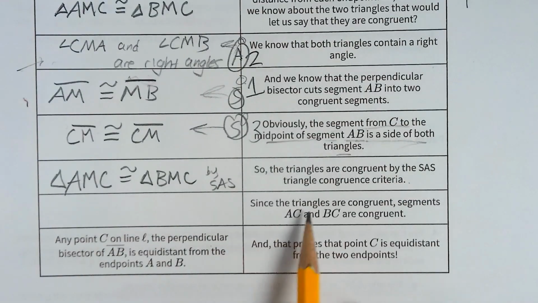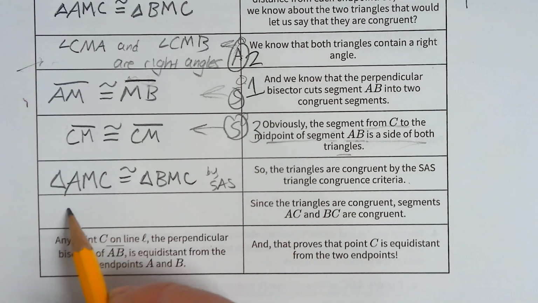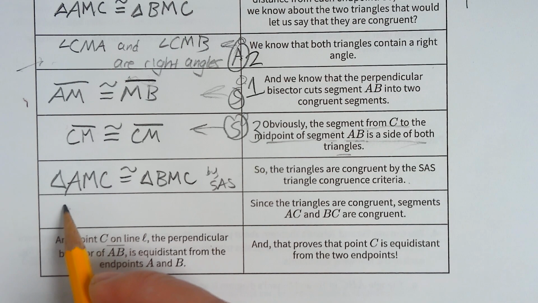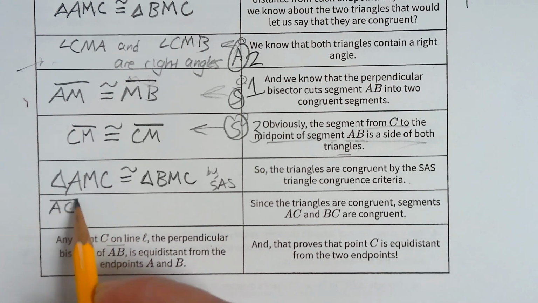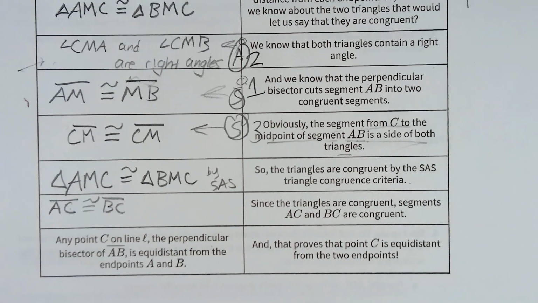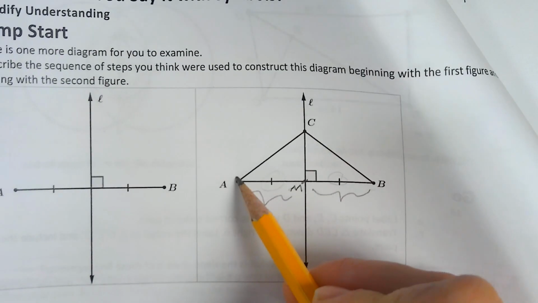Okay, since the triangles are congruent, the segments of AC and BC are congruent. Okay, A to C is congruent to B to C. So those are these things. These are the ones we wanted.